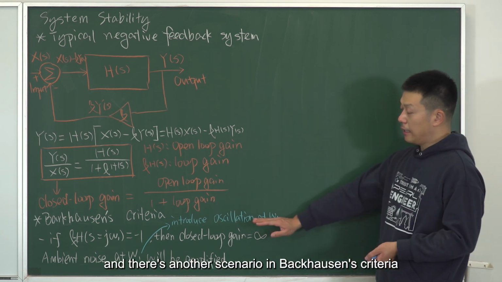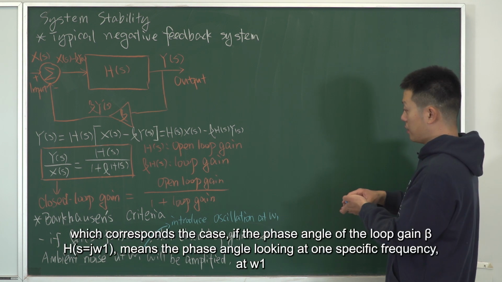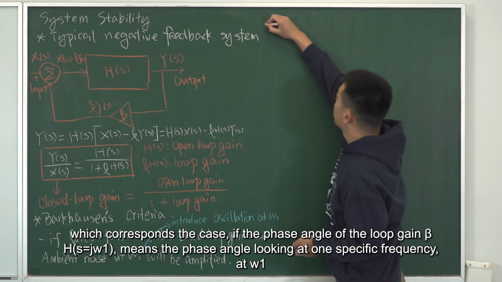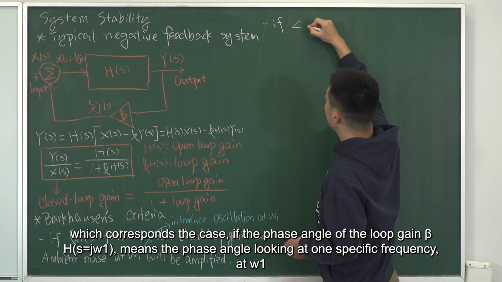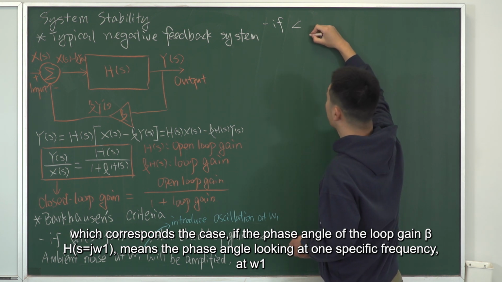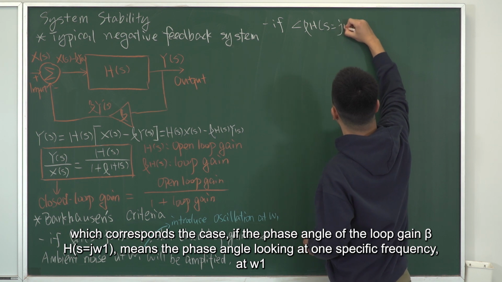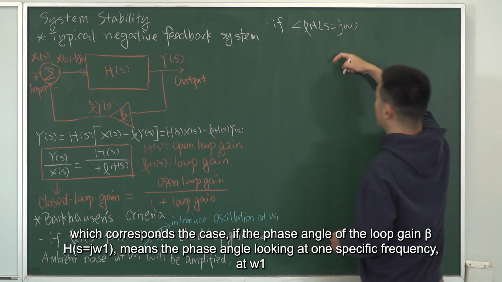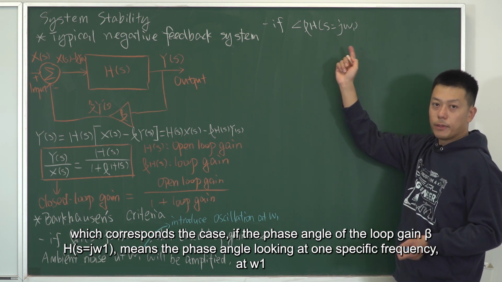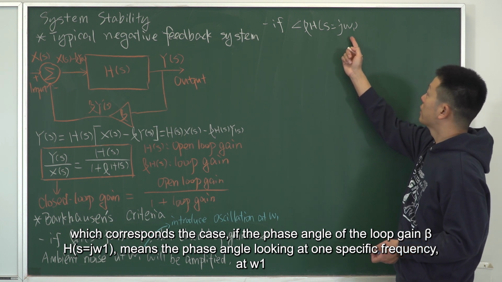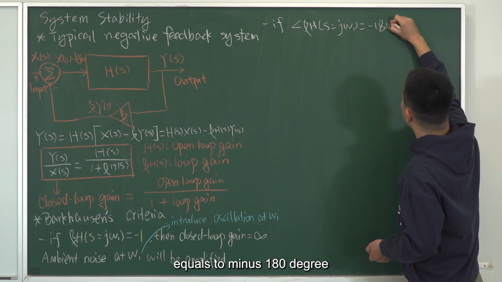And there is another scenario in Barkhausen's criteria, which corresponds to the case if the phase angle of the loop gain beta H at s equals j omega 1 means the phase angle of loop gain at one specific frequency, omega 1, equals minus 180 degrees.